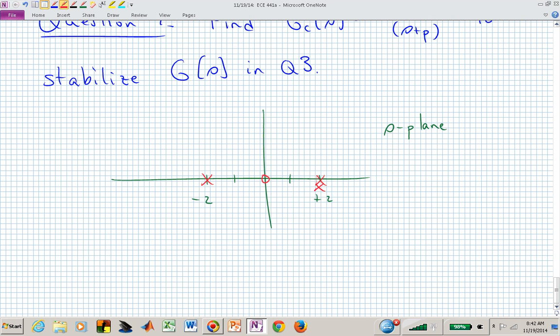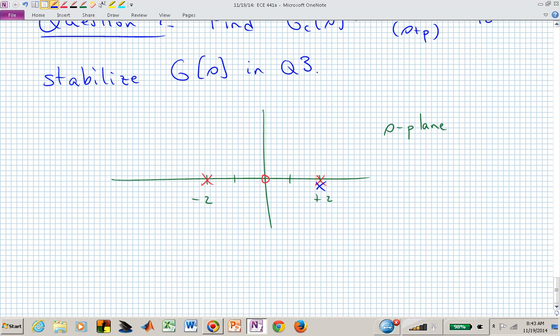Okay, so I have 2 poles right on top of each other at +2, and maybe what I should have done is what I was doing before, and make that blue. That's now a controller pole with the plant pole. But now that's not going to quite cut it necessarily, because what's going to happen if I had a root locus now?